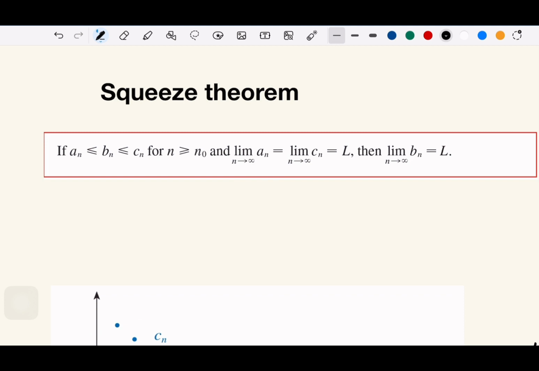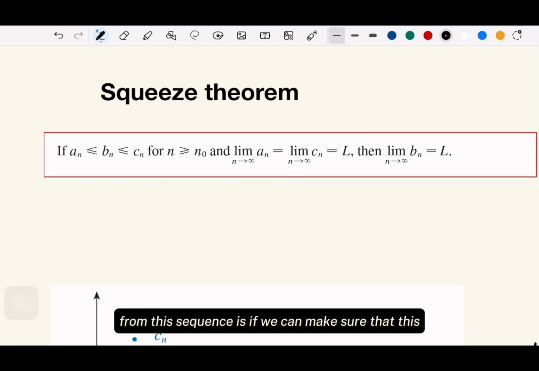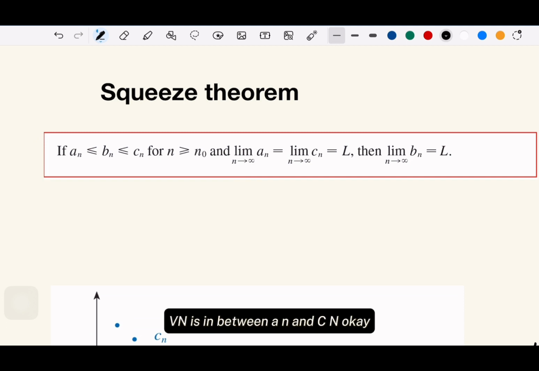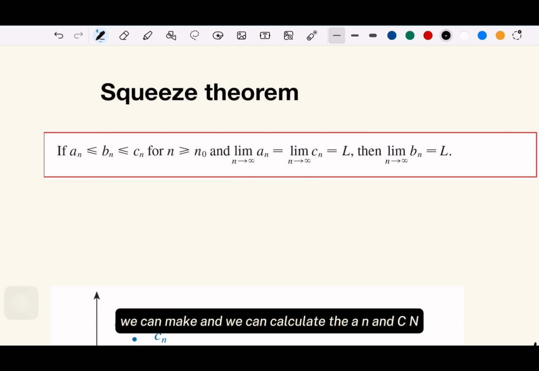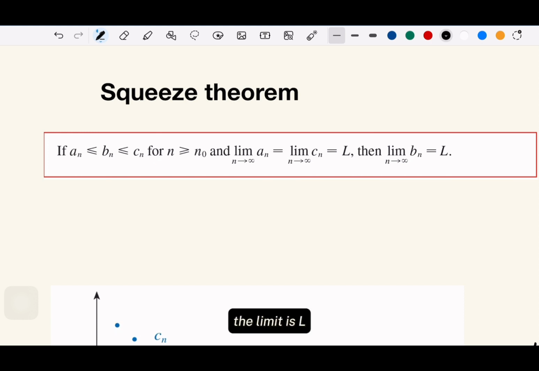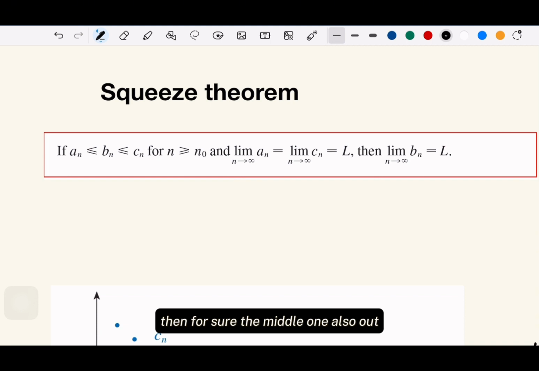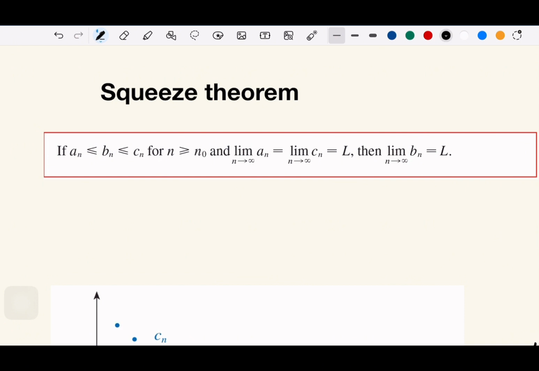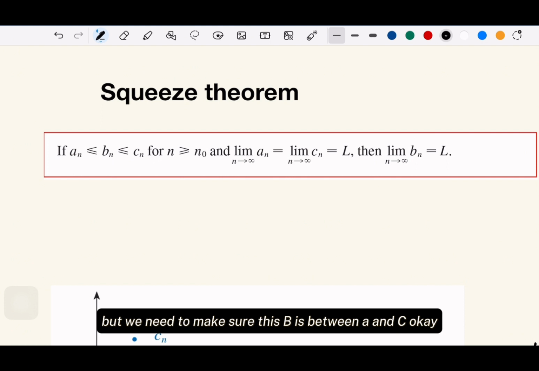The idea of the squeeze theorem is if we can make sure that b_n is in between a_n and c_n, we can calculate the limits of a_n and c_n. If the limit is L, then for sure the middle one is also L. We don't need to calculate b_n. We just need to calculate a_n and c_n to be L, and we can conclude that b_n is also L. But we need to make sure b_n is between a_n and c_n.